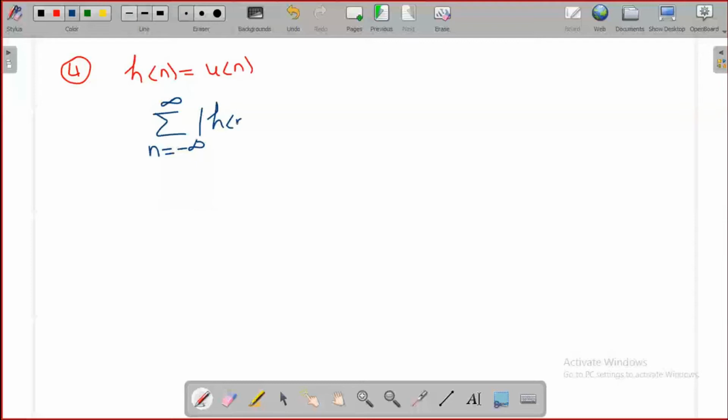Now tell me this value. Summation n from 0 to infinity 1. Is its value 1 or any other? This summation result is infinity again.